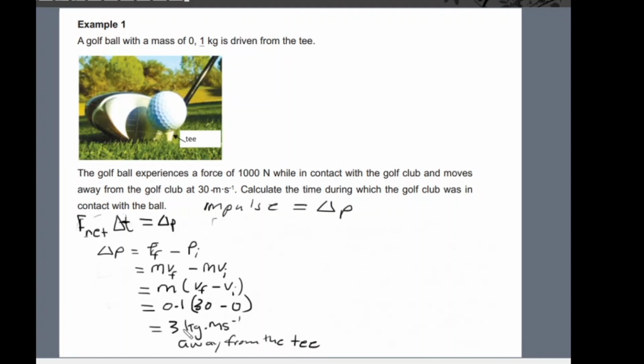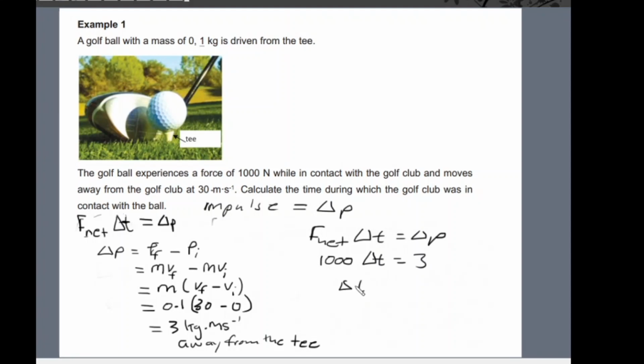Okay, so now we have change in momentum, we can calculate delta t. So F net times delta t is equal to change in momentum. F net is 1000 newtons times delta t is equal to 3.